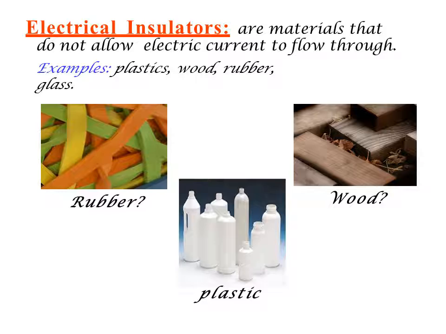Even rubber can be used. That's why most electricians, or those who work with electric appliances, wear rubber gloves, which help protect them from shock. So this was all about electrical insulators.